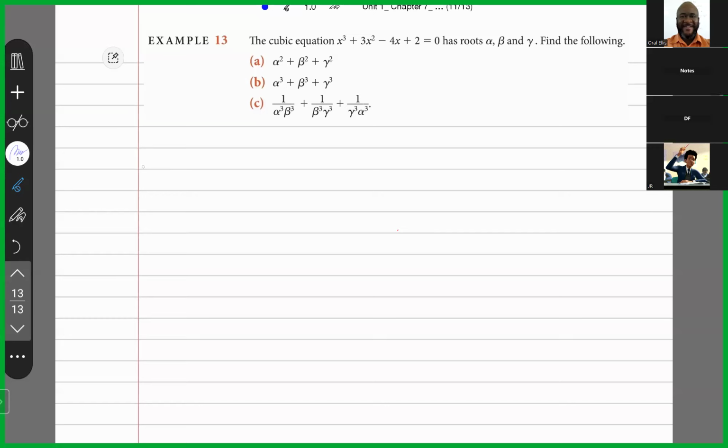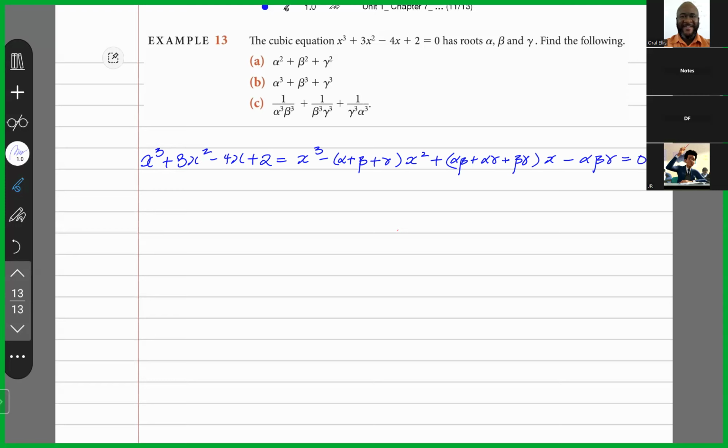By utilizing the fact that x cubed plus 3x squared minus 4x plus 2 is equal to x cubed minus (alpha plus beta plus gamma) x squared plus (alpha beta plus alpha gamma plus beta gamma) x minus alpha beta gamma, and this is equal to 0.